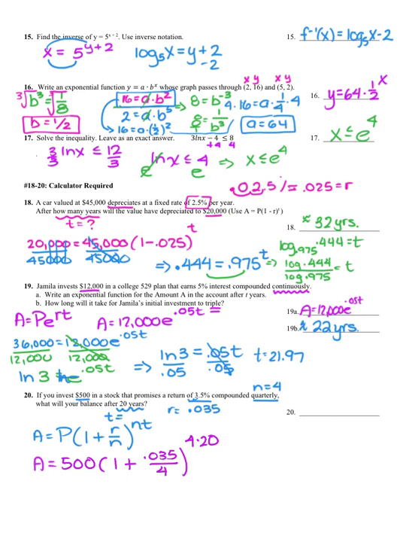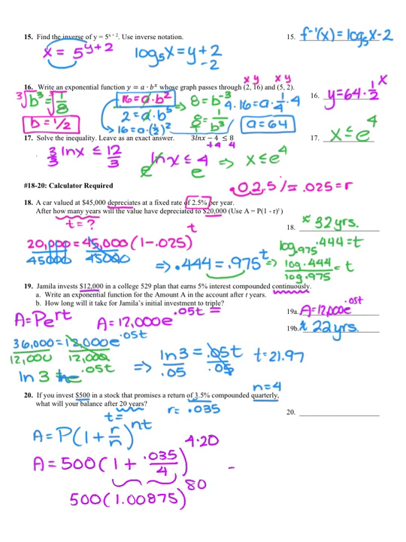And I recommend you simplify things before you plug it into your calculator. So this will be 500 times 1 plus 0.035 divided by 4, which is a lovely 1.00875 raised to the 80.